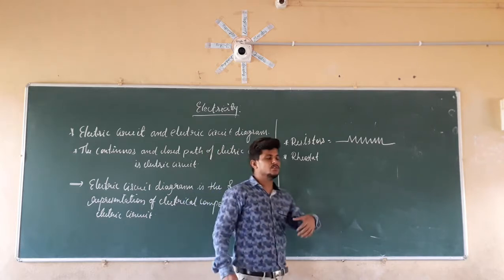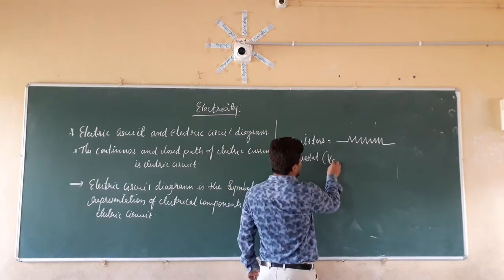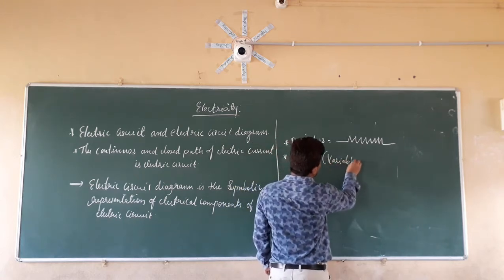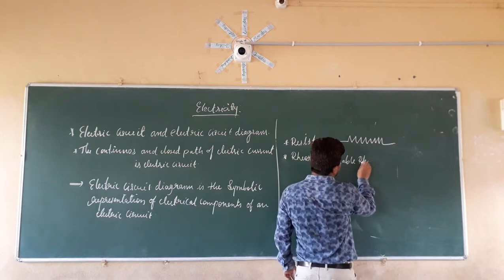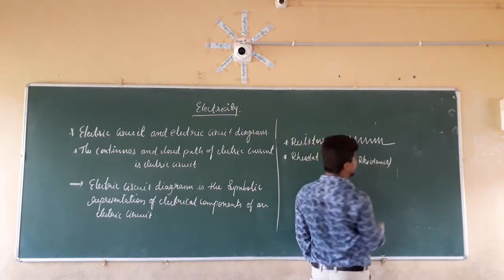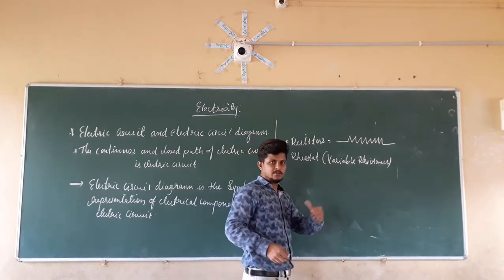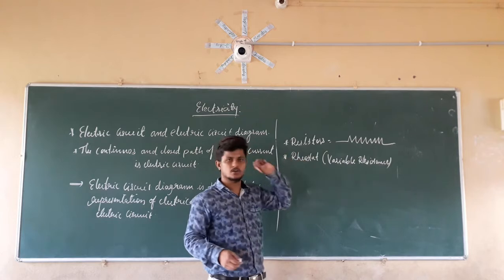So the rheostat gives us the variable resistance. This is the variable resistance which is present in our lab. You can see it, so it will be easy to understand what the rheostat is.